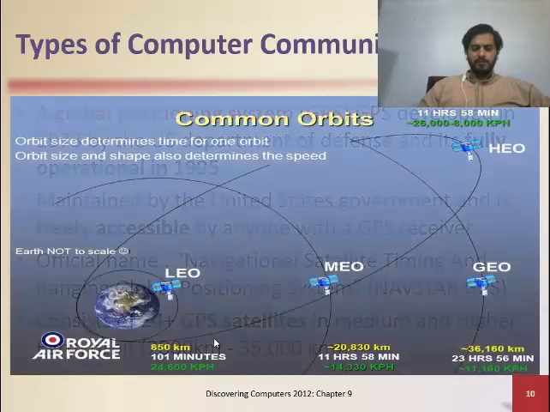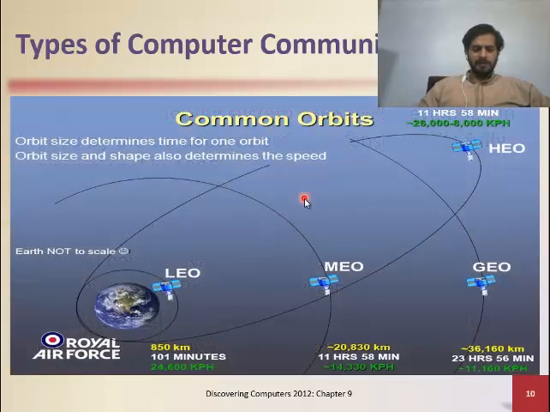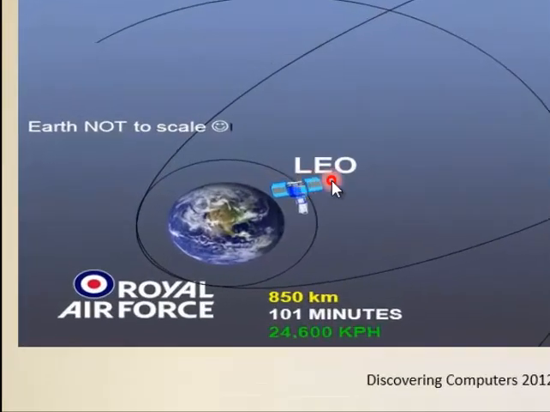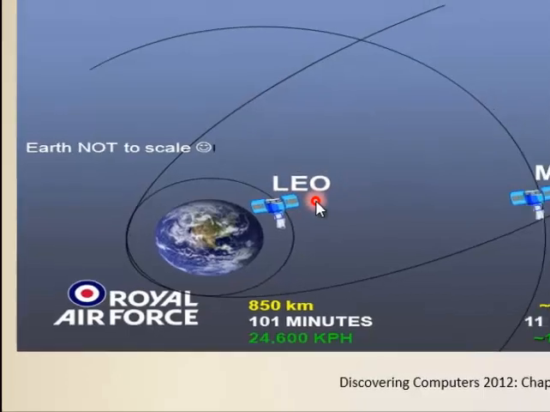So we have to move towards this diagram here. You see we have the Earth here, and approximately 850 kilometers above the surface of the Earth we have the LEO satellite, the lower Earth orbit.